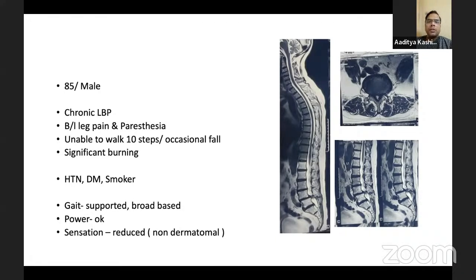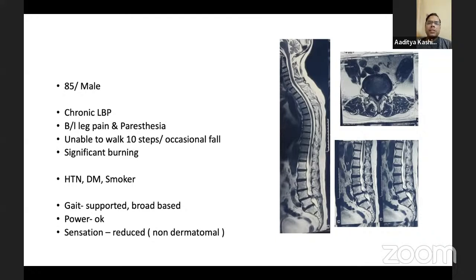Symptomatically, if only L4-5 is symptomatic and stenotic, then doing only L4-5 makes sense. But again, we have to be open-minded in such scenarios rather than having fixed ideas. I usually don't go by any fixed ideas.